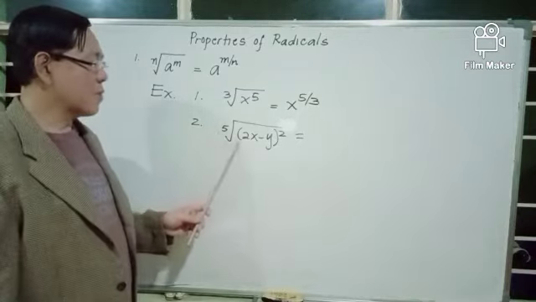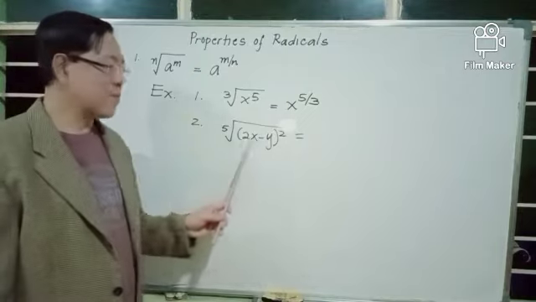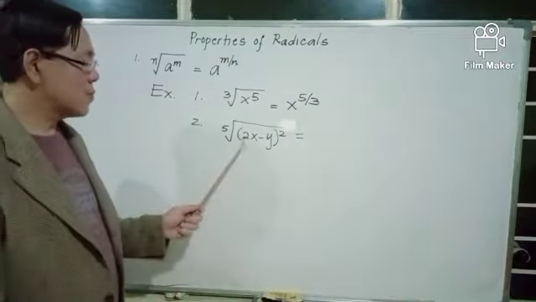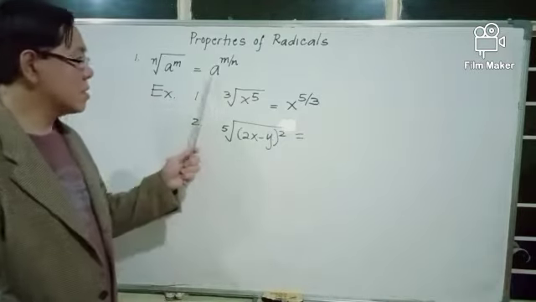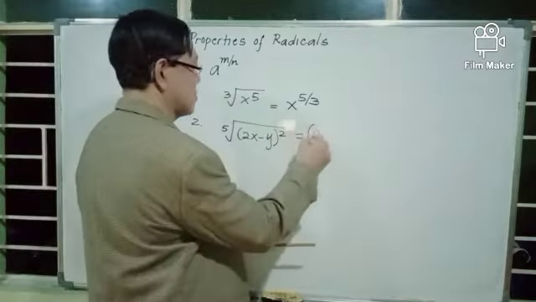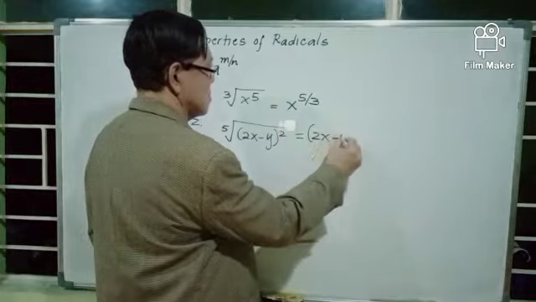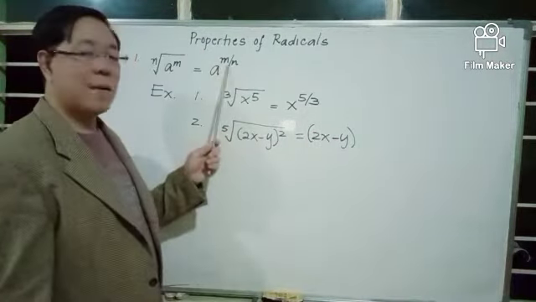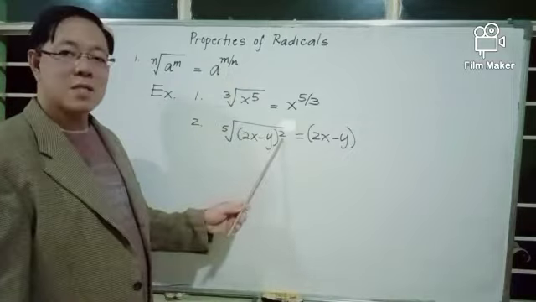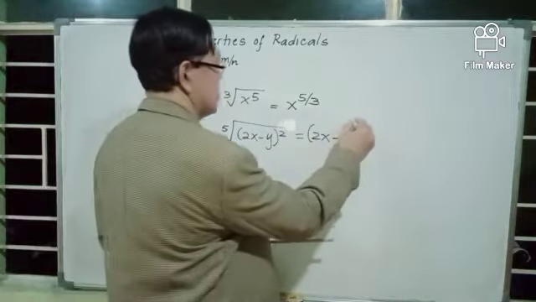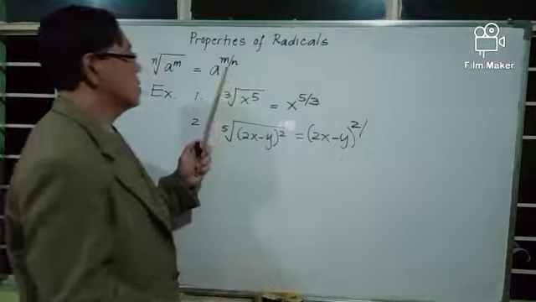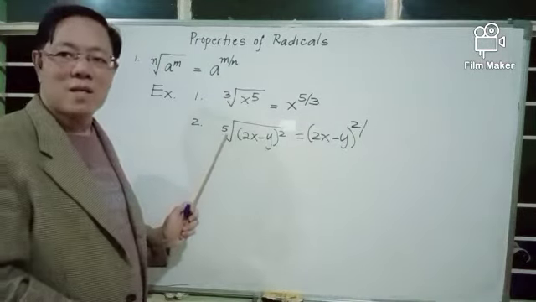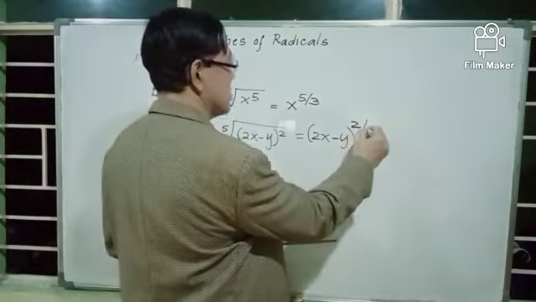Hence, the fifth root of the square of 2x minus y is equal to 2x minus y, that's your a, raised to the power m. M is 2. Divided by n, the index of the radical expression, which is 5.